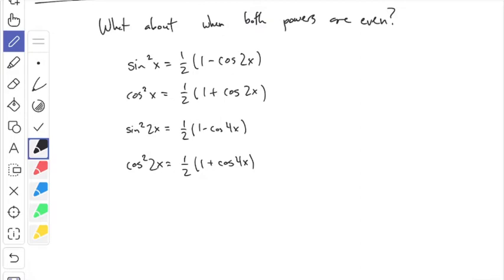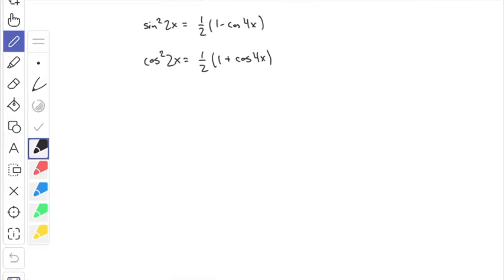Let's just try a simple example when both powers are even. You have to kind of get a feel for these. So let's try the integral of sine to the 4x dx. This has no cosines, just sines. It is an even number of them. All right. So sine to the 4x. You want to, first of all, think of this in terms of sine squareds.